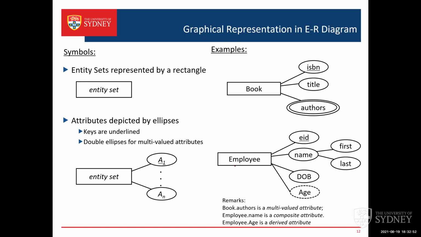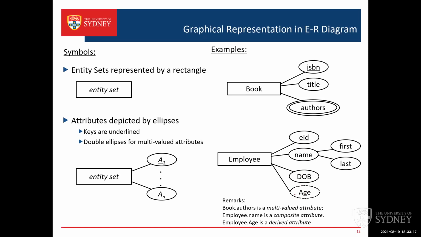We can have, let's say, another table called employee. In the employee table, one new thing we can see is this dotted ellipse. The dotted ellipse means a derived attribute. A derived attribute means that the value of this attribute will be calculated from one or a set of existing attributes.